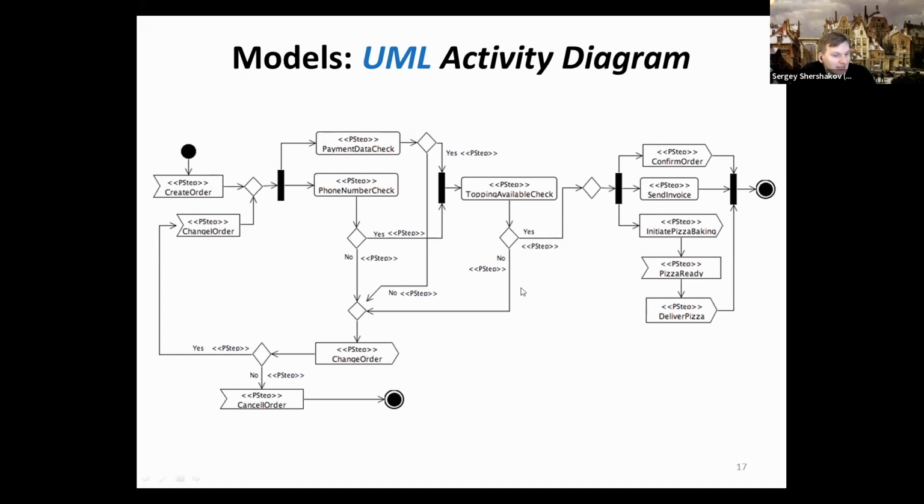You see, here you have some start positions, and you have fork and join elements. So you have some parallel constructions, and the most important part is the actions that are executed during a run of this process.